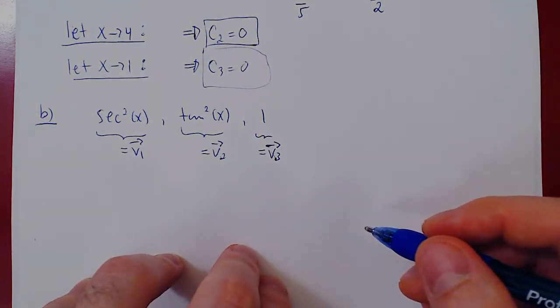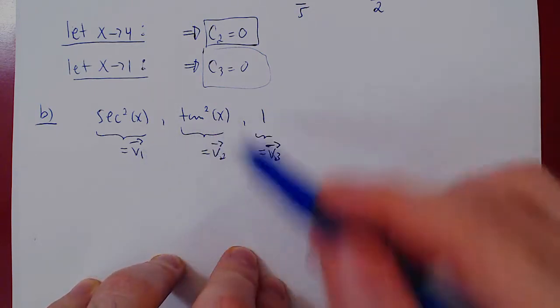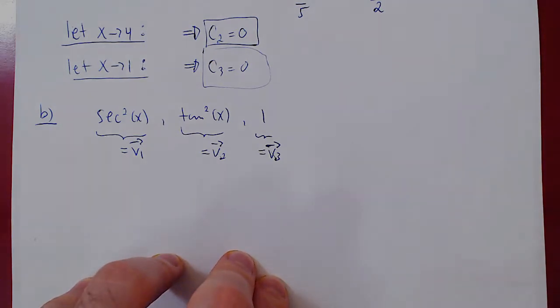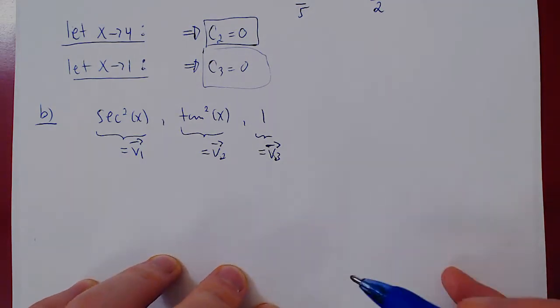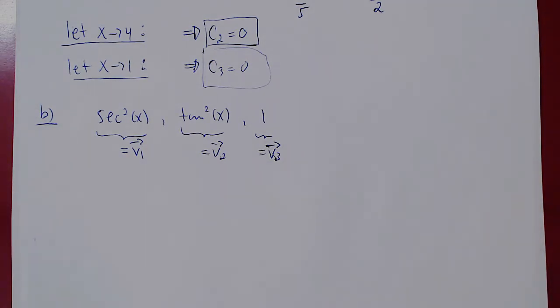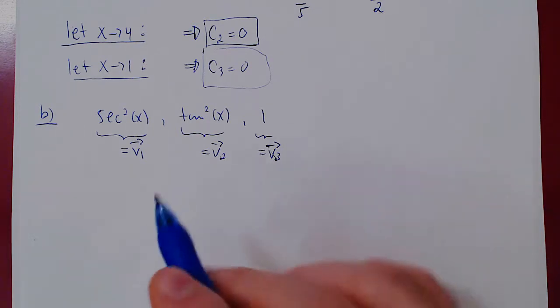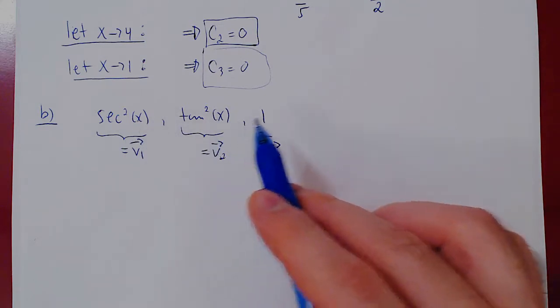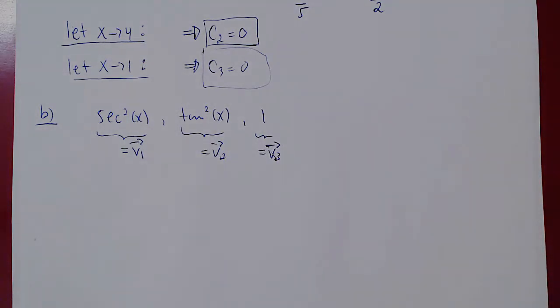Again, the space of all functions is a vector space. These are functions. And so we can think of these three functions as vectors from the vector space of all functions. Well, at least in our case, of all real functions. And now the question is, same as before, are these three functions linearly independent or dependent?